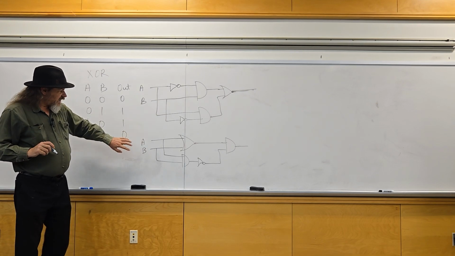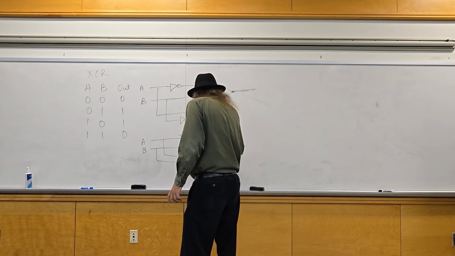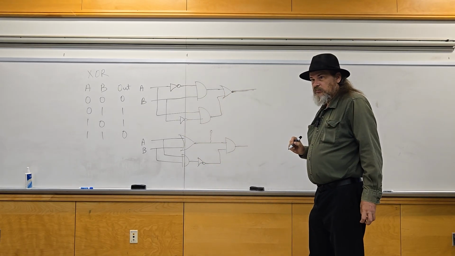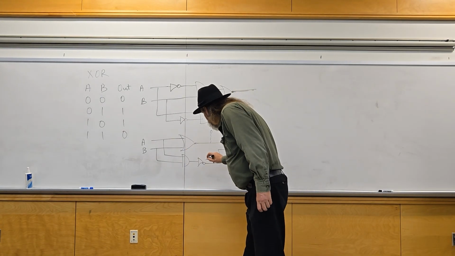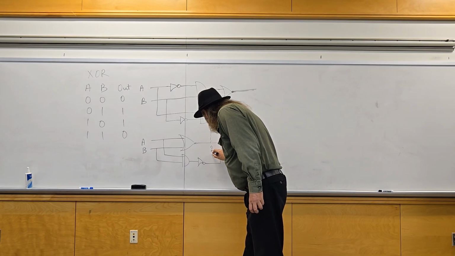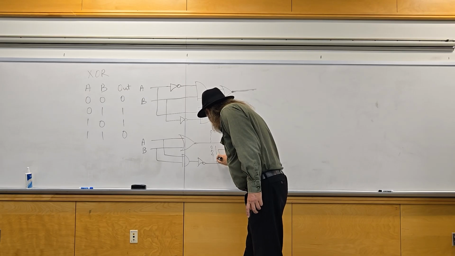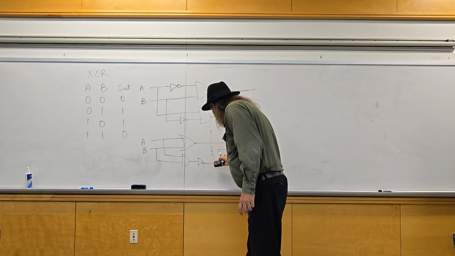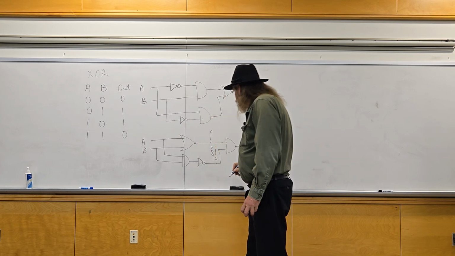Okay, A or B would yield 0, 1, 1, 1, right? As the outputs. Here you have 0, 0, 0, 1 inverted, so it would be 1, 1, 1, 0.